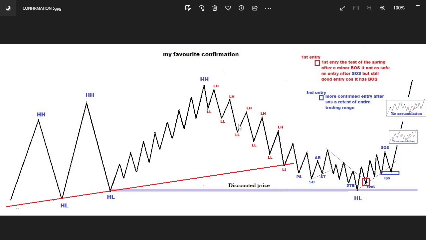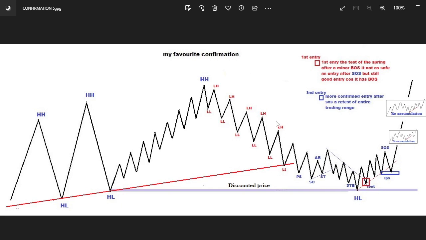It can even retrace at this point and continue to the upside. I learned that I do not take counter trend trades. I have to wait for the market to confirm that it's now going bullish.